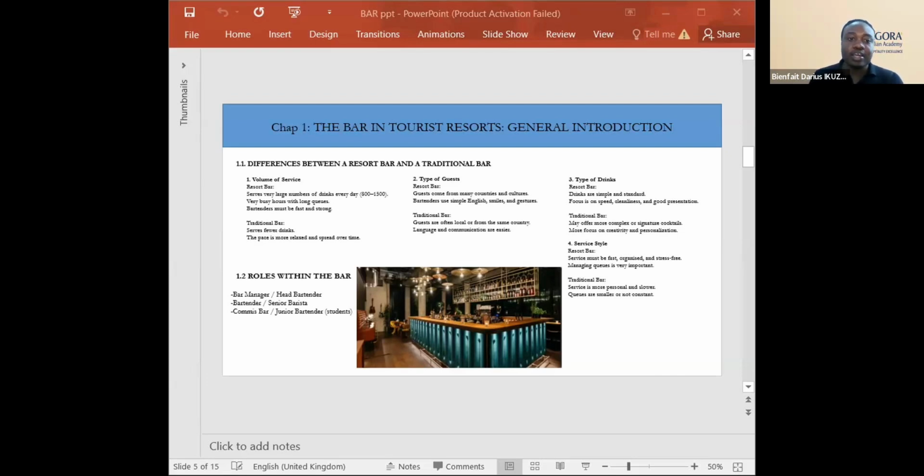Other functions of the junior bartenders are supporting during rush hours. Sometimes we come from the bars and help the waiters if we have a lot of clients. And in all of those roles, you have to keep the smiley face. The smiley face is the key to getting a good connection with the clients.